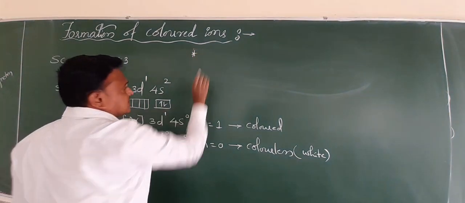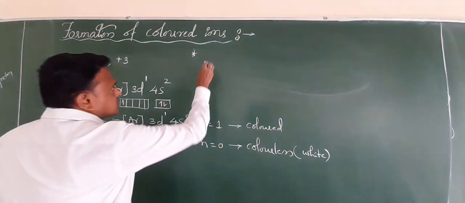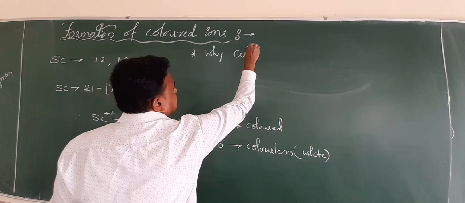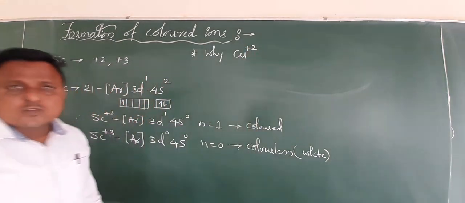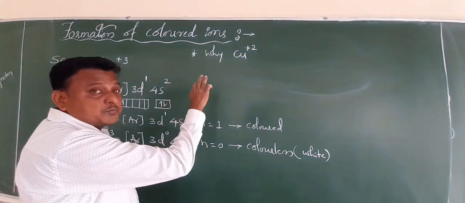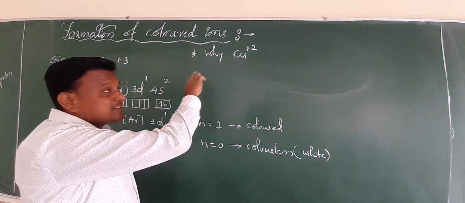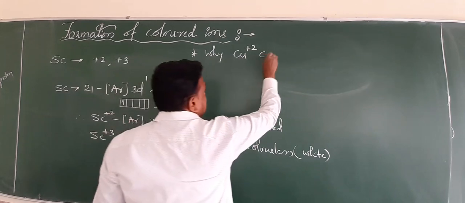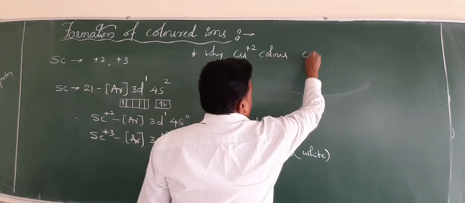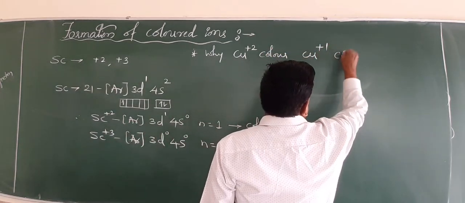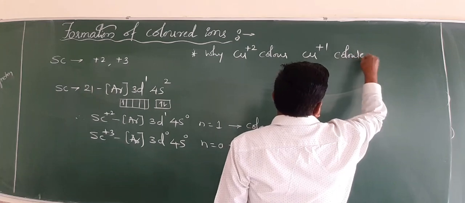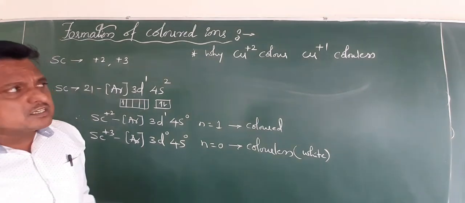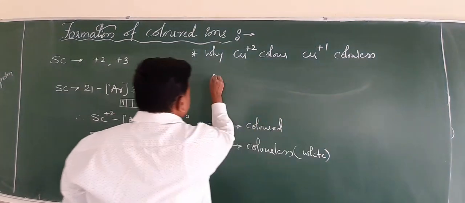In our syllabus, they mention 2 questions. Why is copper +2 colored and copper +1 colorless? We know the answer, friends.